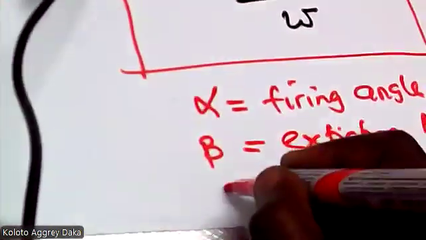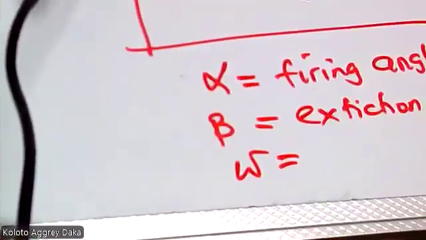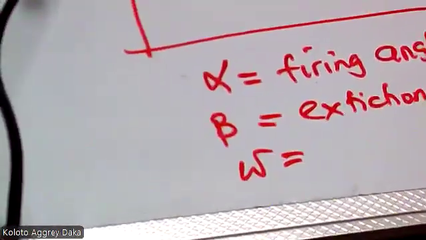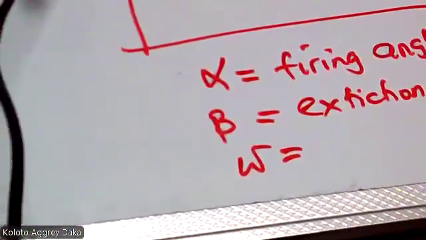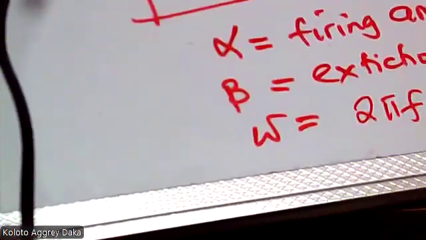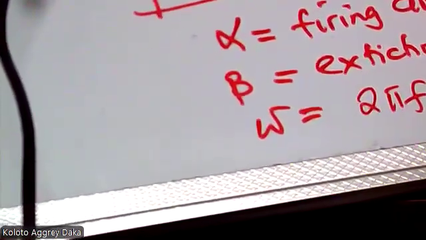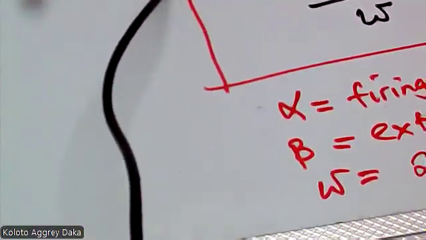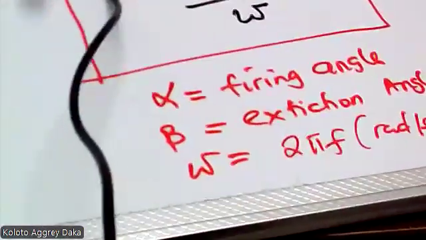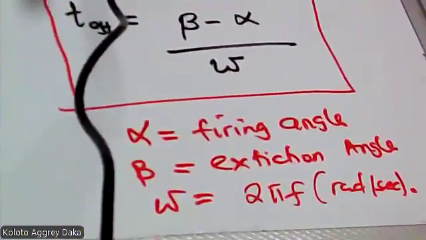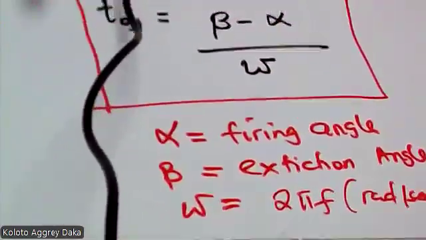Omega is the speed, 2 pi f, in rad per second. That is what you need to get. So beta minus alpha over omega.